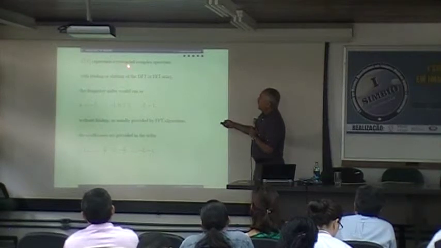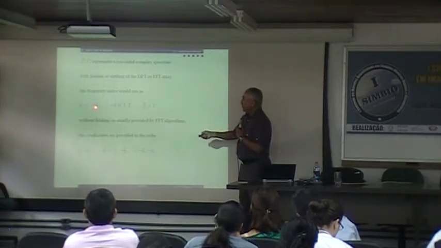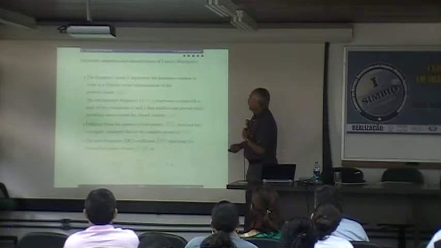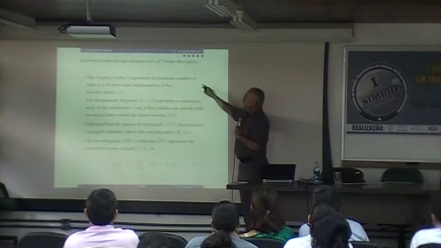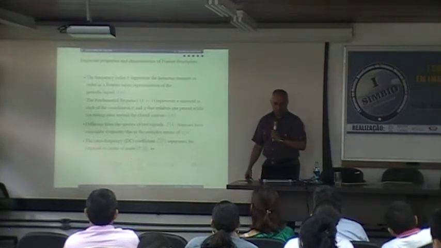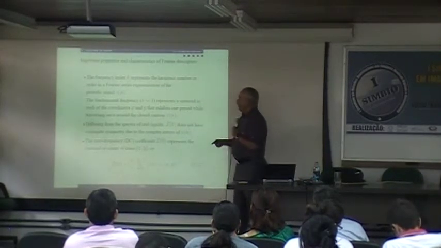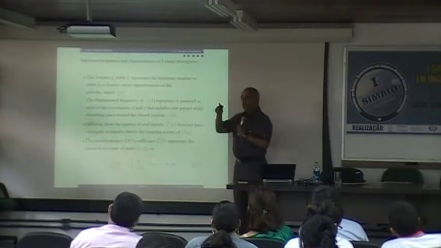So Z(k) represents a two-sided complex spectrum, and the index is from minus N over 2 to plus N over 2 minus 1. And there are some important properties. k is the harmonic number in the Fourier series representation. k equal to 1 is the fundamental frequency. It's a sinusoid in one direction.